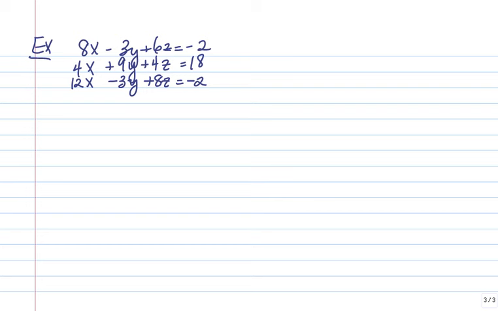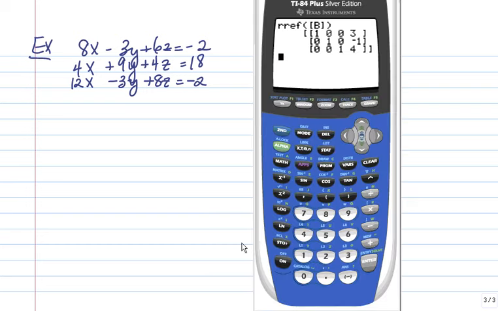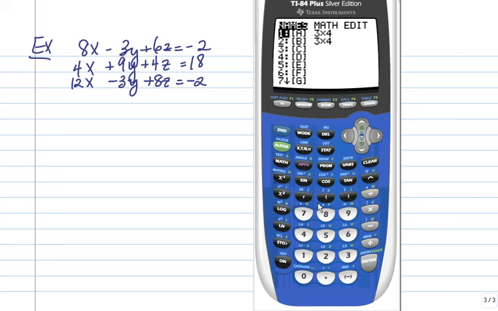Now let's look at another matrix. This time I'm going to do second x inverse and go to edit so we can enter the matrix. Let's do it in C. We have 3 rows and 4 columns, so 3 by 4.